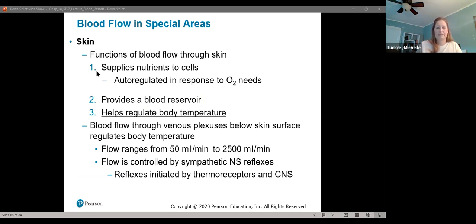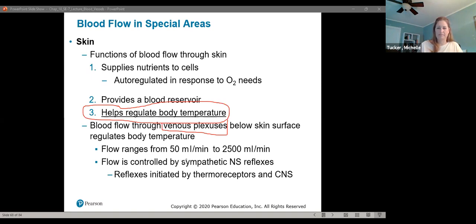The skin supplies nutrients to the cells, it provides a blood reservoir, but the big one is that the skin is going to help regulate body temperature. There are extensive venous plexuses below the skin surface. And this is going to be controlled by thermoreceptors in your hypothalamus.